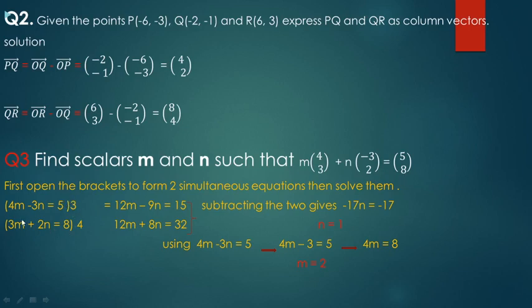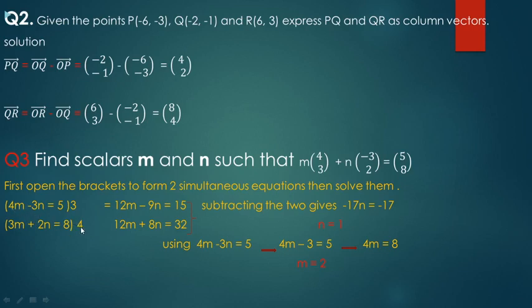Then we solve the two equations simultaneously. Like I said in previous topics, now I want to eliminate m. To eliminate m, I multiply the upper equation with the coefficient of m of the lower equation, which is 3 in this case, and I multiply the lower equation with the coefficient of m of the upper equation, which is 4.